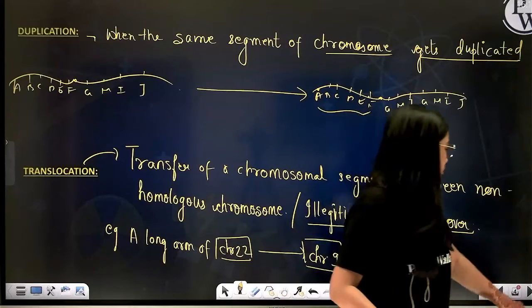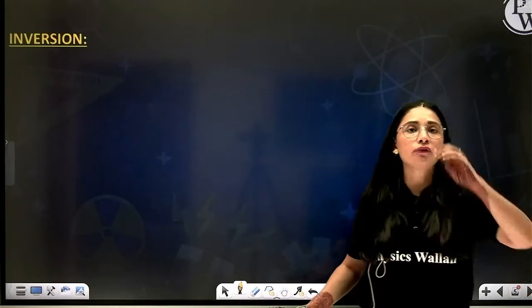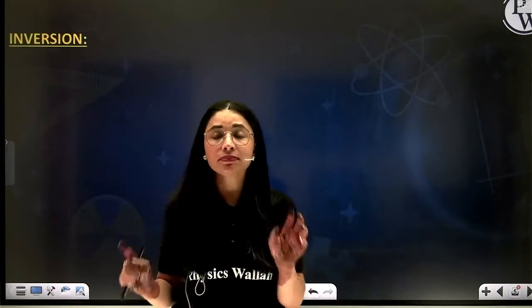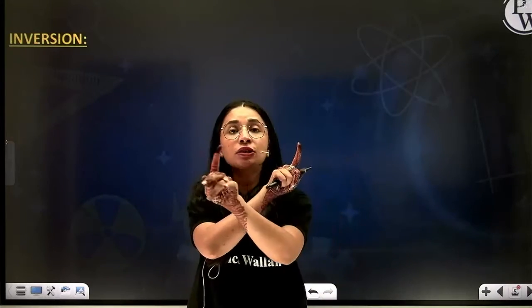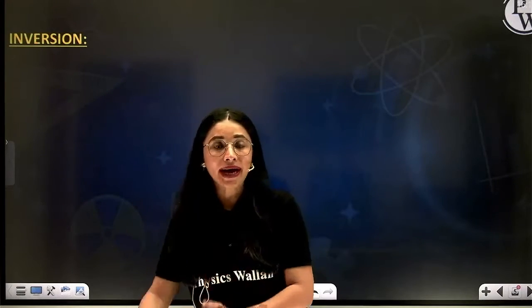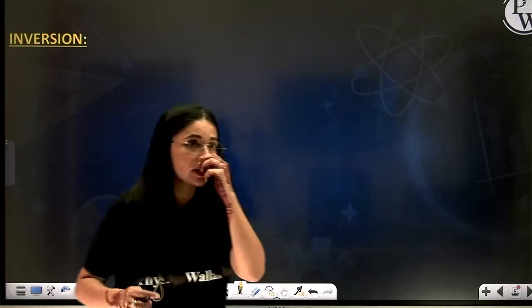Now, the fourth type of chromosomal mutation is inversion. Inversion means rotation of the genes located on a chromosome at 180 degrees. So what is inversion?